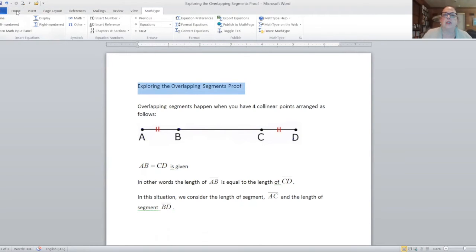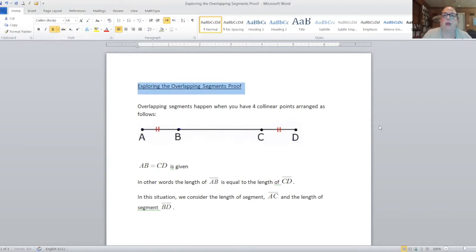So overlapping segments are found when you have these four collinear points, A, B, C, and D, and the little segments at each end, AB and CD, have the same length. So in that situation, we can create overlapping segments.